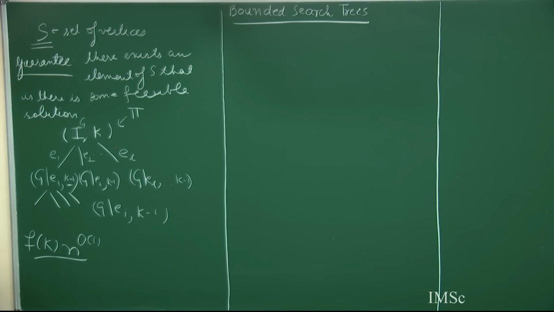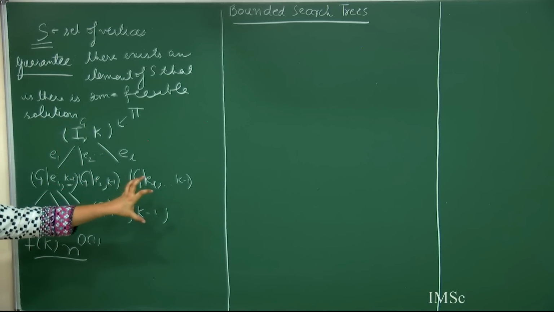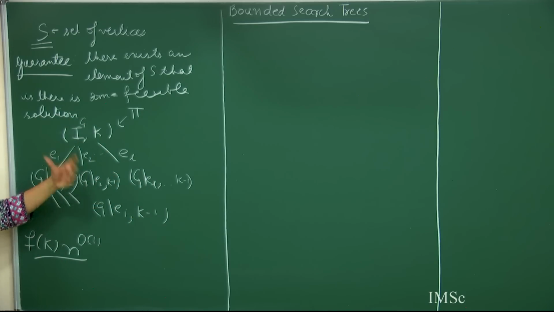So if you look at the total running time of this procedure, you can look at this procedure as a tree. This is the root, these are its children. Then if you branch over it again, the instances that you compute are its children, and so on. So the total running time of this procedure is proportional to the number of nodes in this tree times the time that you spent on each node.